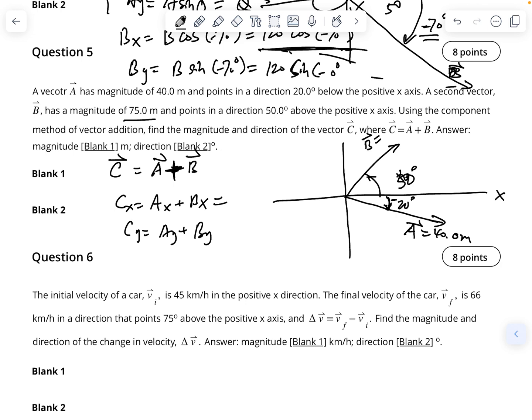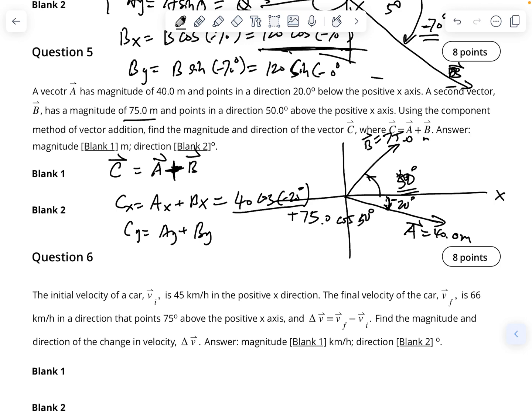Ax is 40 cosine negative 20. Okay, so this is Ax. What's Bx? B is 75 meters, so Bx equal to 75 cosine 50. Okay, so this is Cx.